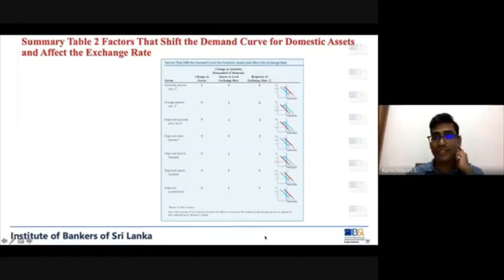So the exchange rate can change due to domestic interest rate, foreign interest rate, expected domestic price level, expected trade barriers, expected import demand, expected export demand, expected productivity. These are the key factors. So in a foreign exchange analysis, before you forecast anything, you have to think of all these factors, and you have to think which one is material, which one is not material, so you can arrive at a conclusion of what the exchange rate will be. Clear?